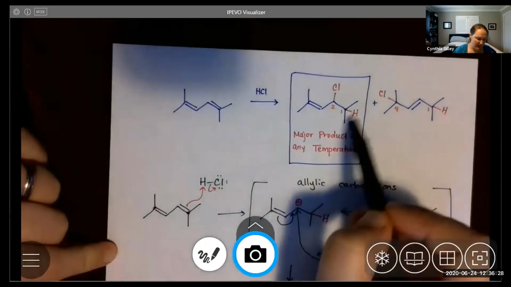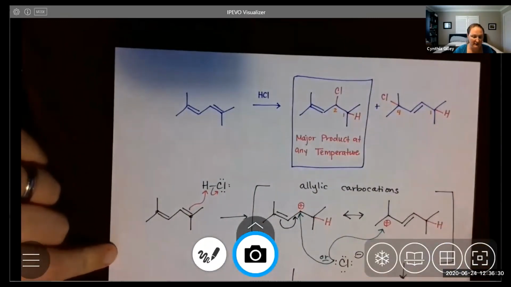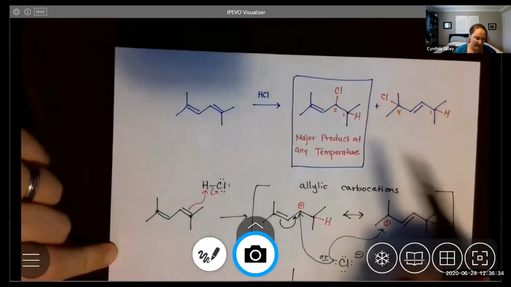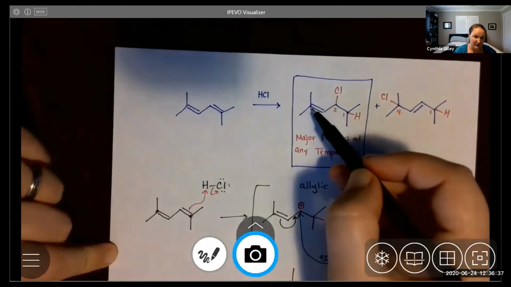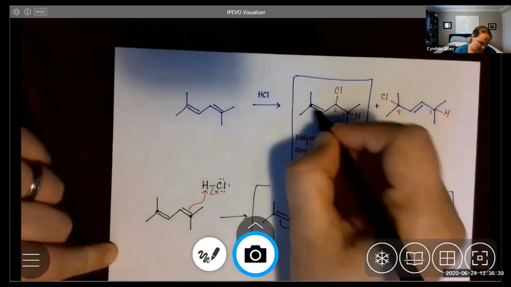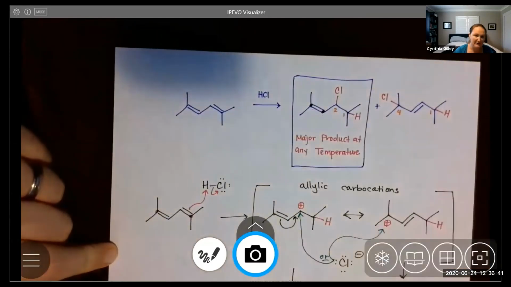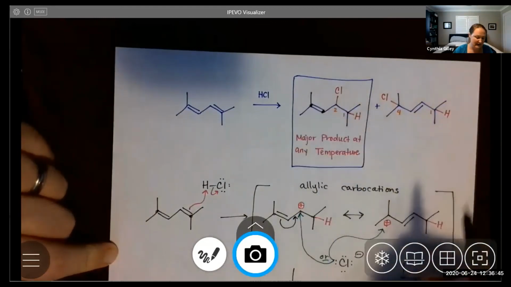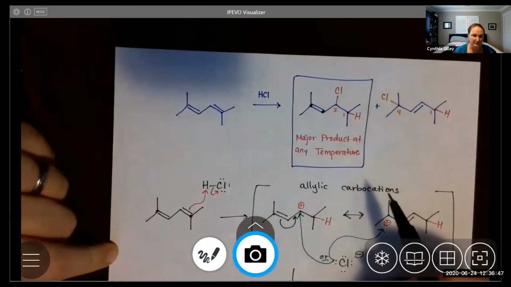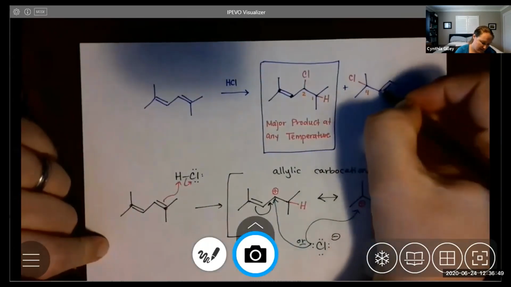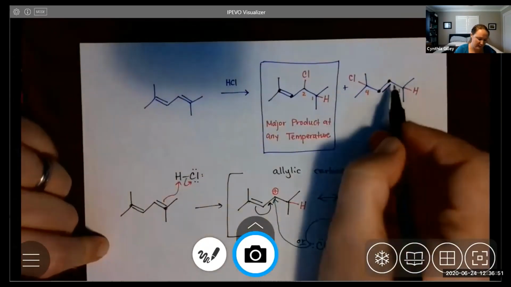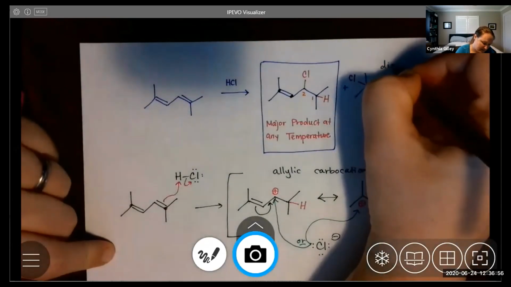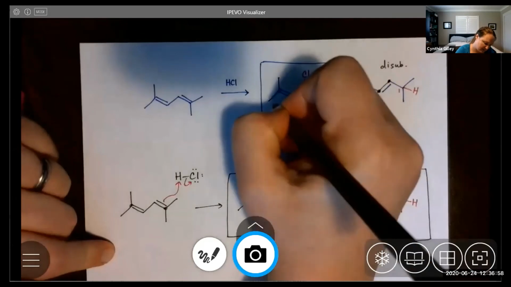But this also happens to be the thermodynamic product because the alkene is more substituted. This alkene has 3 carbons attached. So if you're looking at these 2 carbons, how many carbons attached is that, 1, 2, 3. We say this is tri-substituted. Whereas over here, we're looking at these 2 carbons. There's only 2 carbons attached. This one is di-substituted. This one is tri-substituted.